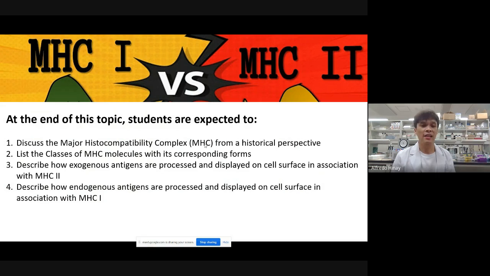And lastly, describe how endogenous antigens are processed and displayed on the cell surface in association with your class 1. So basically, we'll only discuss the structure and function of your class 1 and class 2, and how they help the interaction of your innate immunity to your adaptive immunity. Okay?